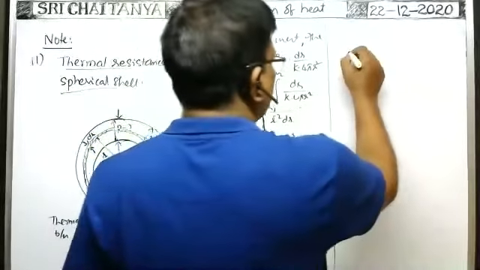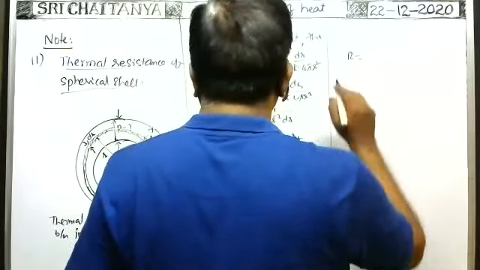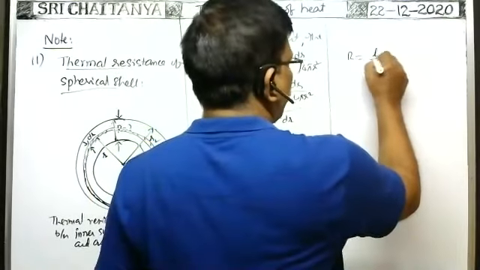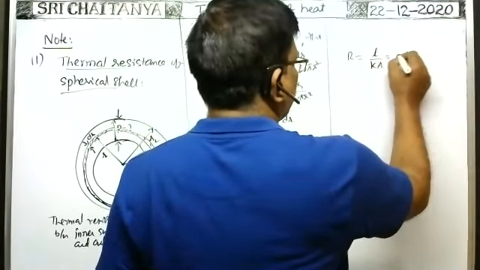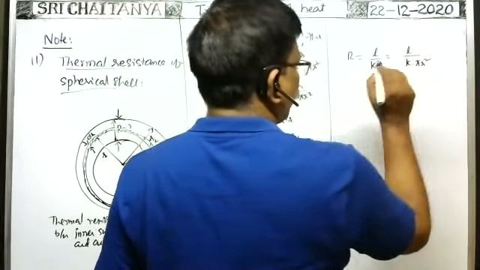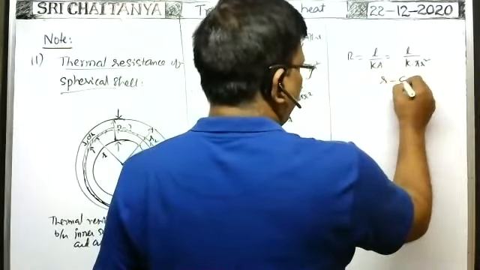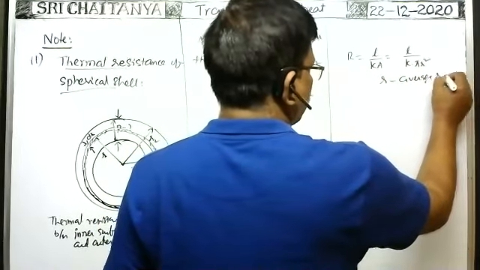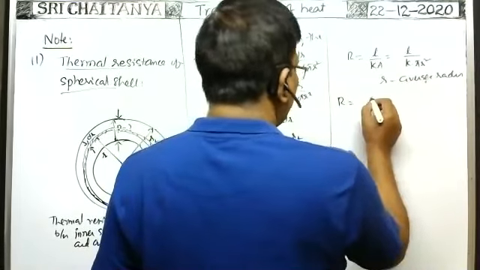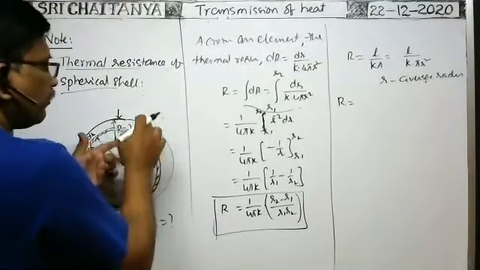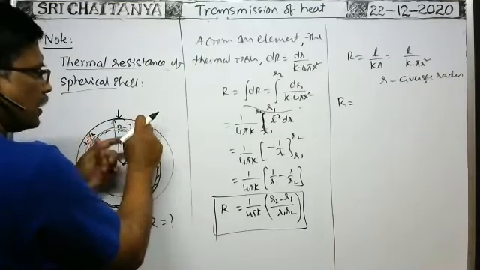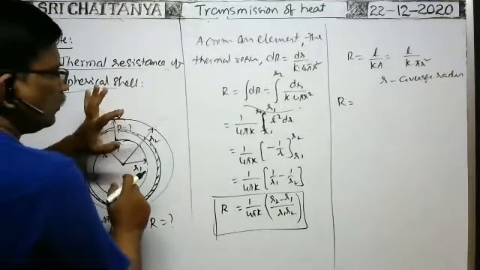It is just like the general formula R is equal to L by KA. Here L means the thickness between the surfaces for which they ask the thermal resistance, that is equal to r2 minus r1.